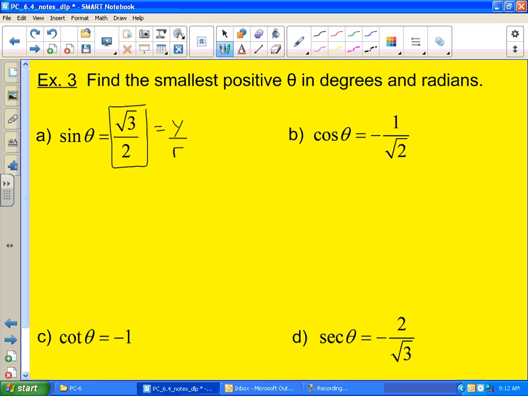So first of all, let's notice this, that in A, I have a positive ratio of √3/2. And simply remembering all support the covers, that means I'm going to create sine positively in quadrant 1 and in quadrant 2. So I'm going to have two angles here.